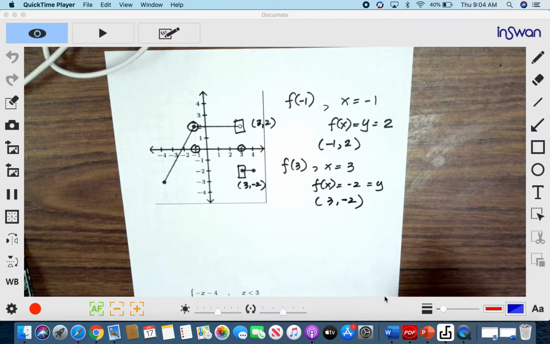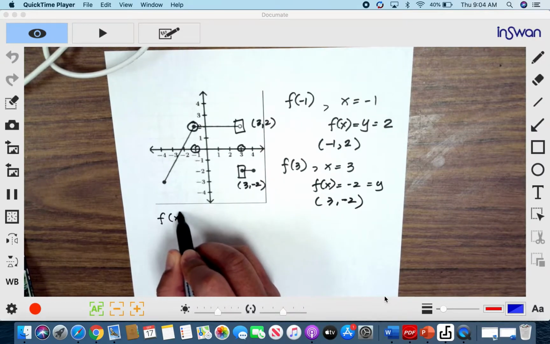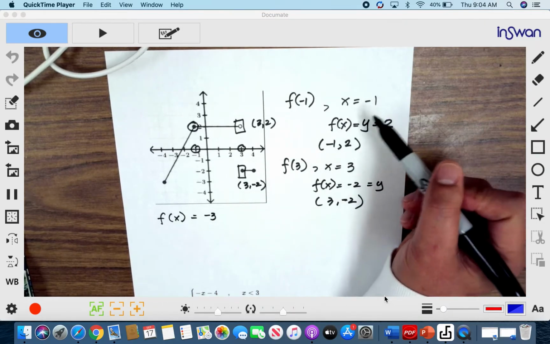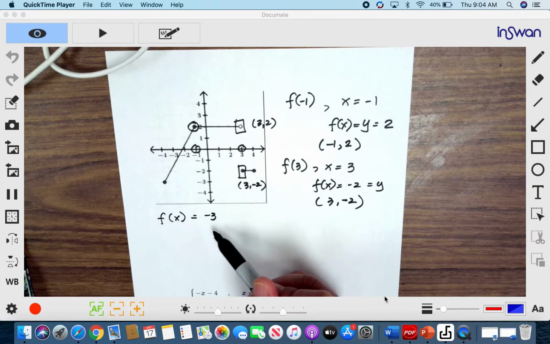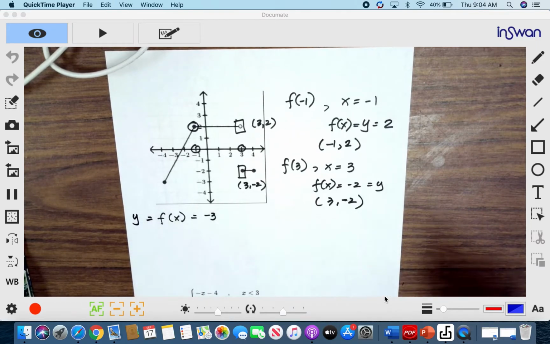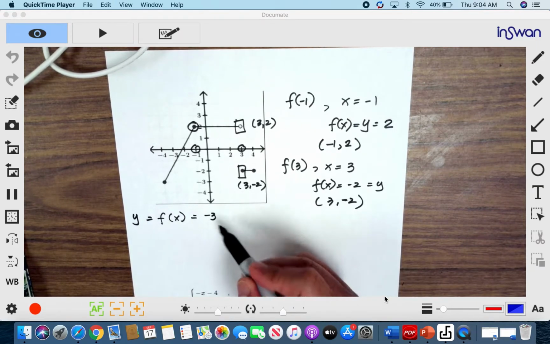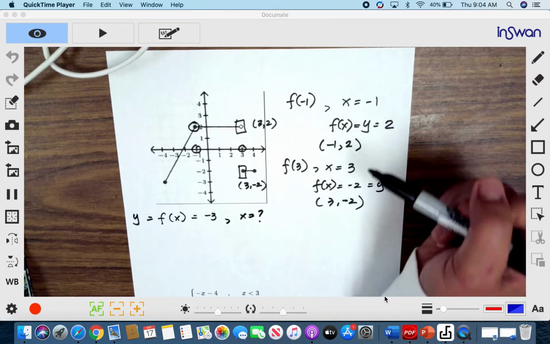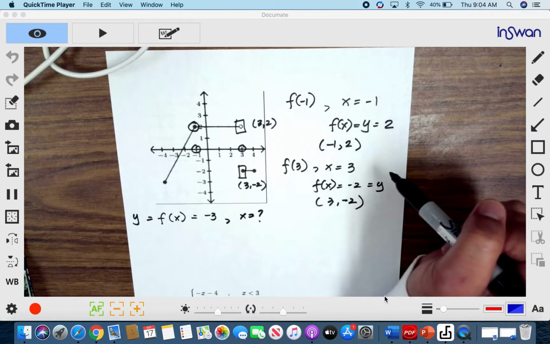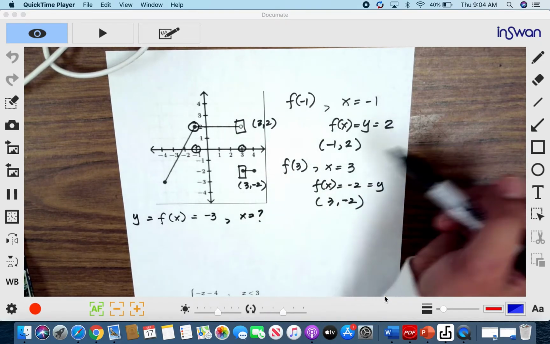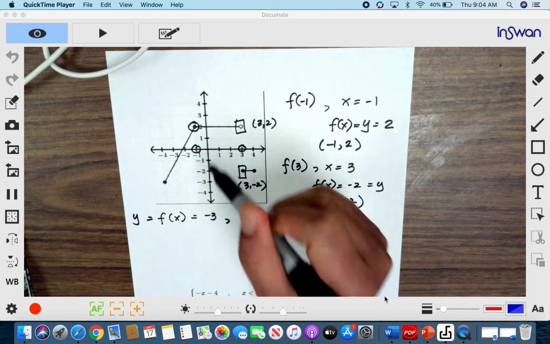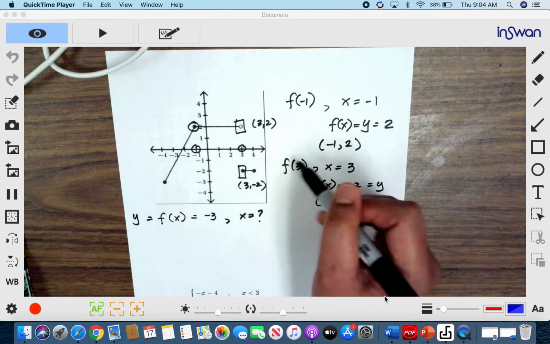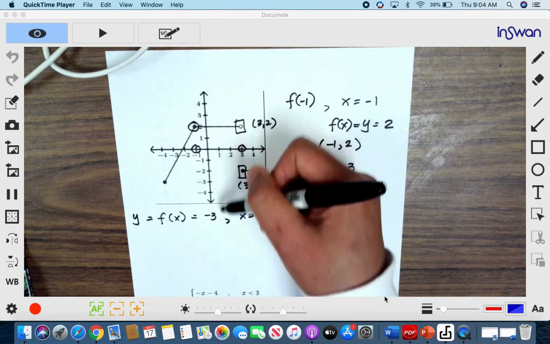Now let's say, for example, I have f of x equals -3. This one is different from before. What is given here is y, because we know that f of x is the same as y, and you're asked to find x. So you need to do the inverse of what you have done when finding y in the graph. Here you're finding x because you are given y. Instead of looking at the horizontal direction of your graph, you go to the vertical direction.